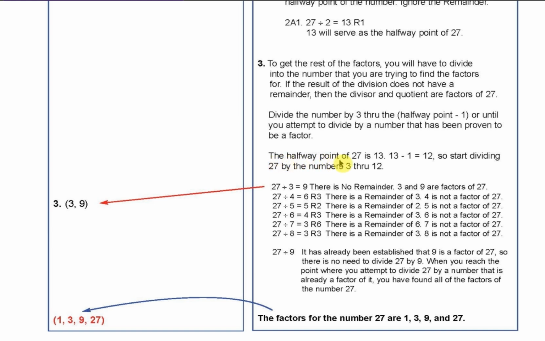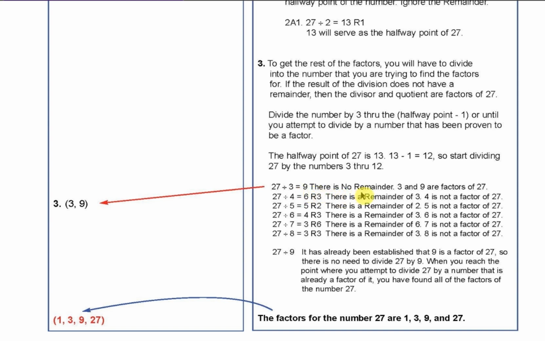The halfway point of 27 is 13. 13 minus 1 equals 12. So you will start dividing 27 by the numbers 3 through 12. I just want to make sure that you understand that. Now, we will divide 27 by 3. 27 divided by 3 equals 9.